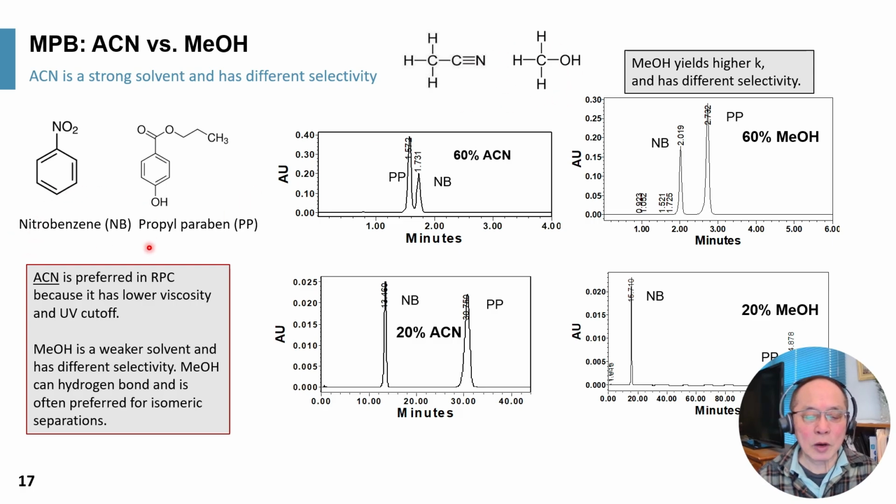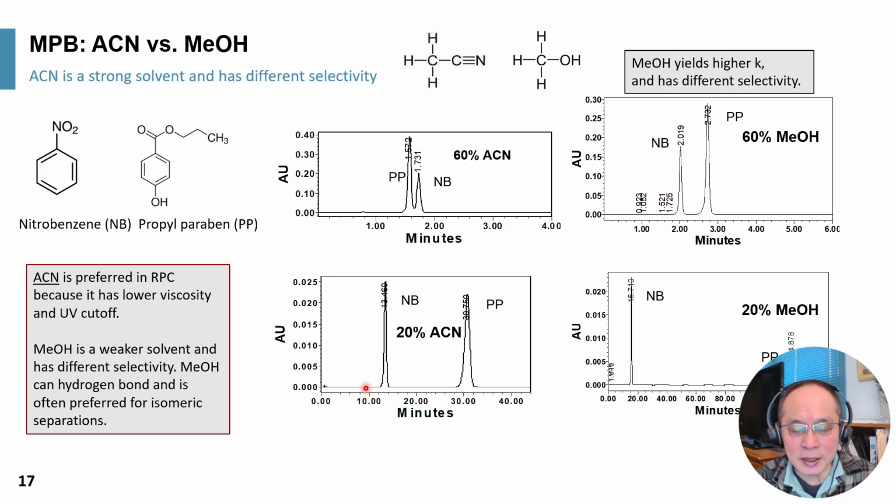One is nitrobenzene, and one is propylparabens. We compare two chromatograms at exactly the same mobile phase B concentration, except one is acetonitrile and the other methanol. You can see that because acetonitrile is stronger, the elution time is lower. Also, you can see the resolution is not as good because the selectivity is different.